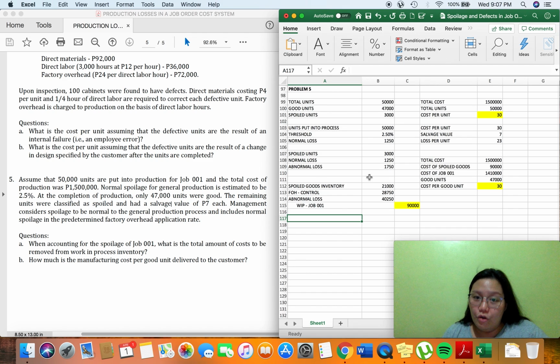So the normal loss is charged to the factory overhead control account, actual overhead, and then the abnormal loss naman is expense outright. Expense outright siya, and it is considered as part of other expenses. Diba? So, ganun po. Okay?